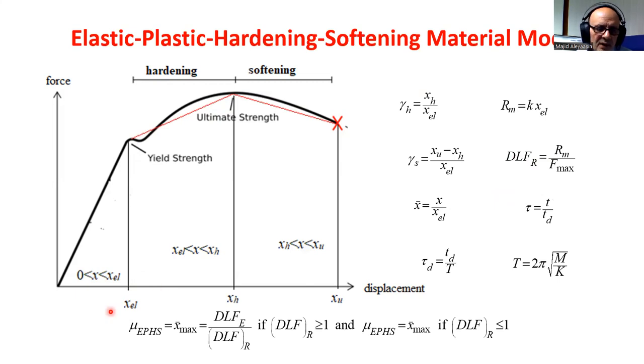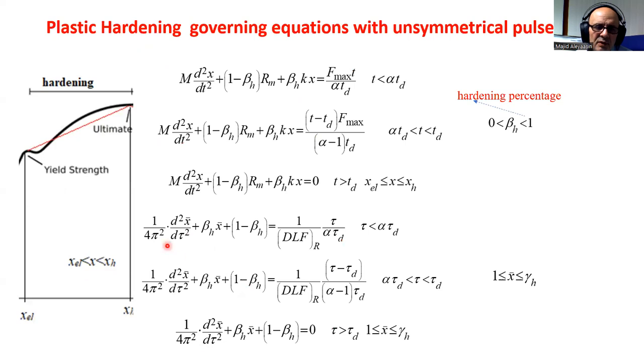Now, if I go to the hardening part, the elastic part in both is common. We know what the equations are. We define a softening parameter. Beta is a very small number. It is about 1%, meaning the stiffness of the softening part is 1% of the stiffness of the elastic part. But obviously we want to include it anyway.